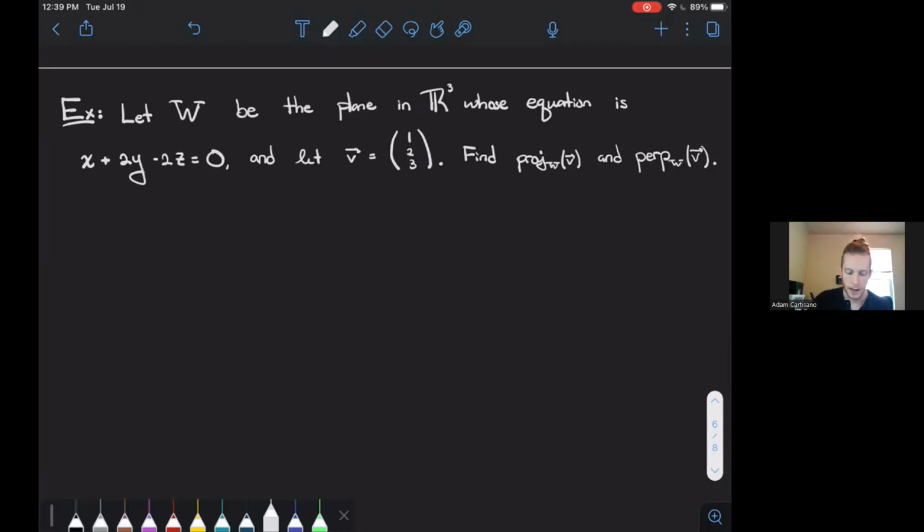So W is the plane in R3 whose equation is x plus 2y minus 2z equals 0. Remember we had the basis for W, which, from memory, I believe was 2, 0, 1 and 1, 0, minus 1 and 0, 1, minus 1.